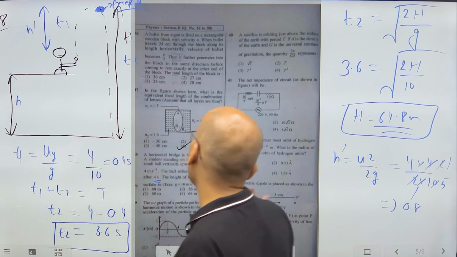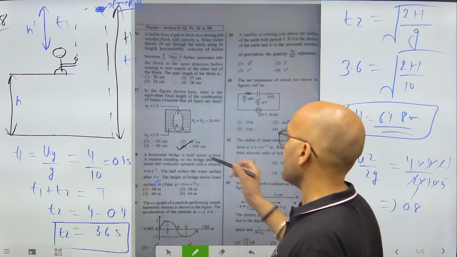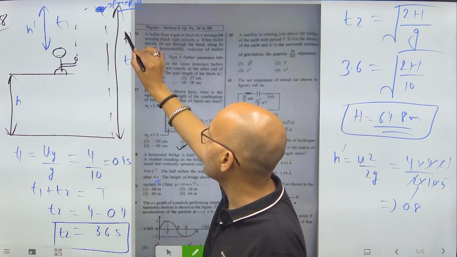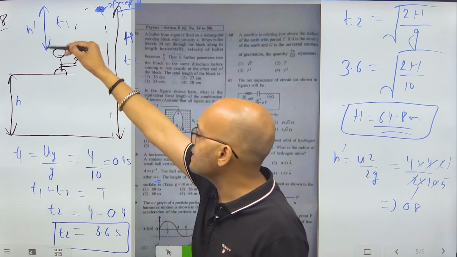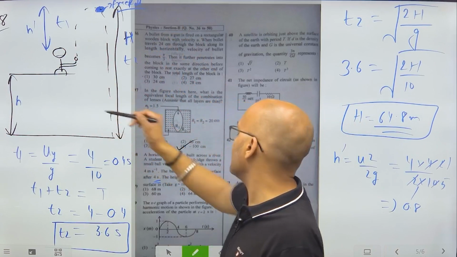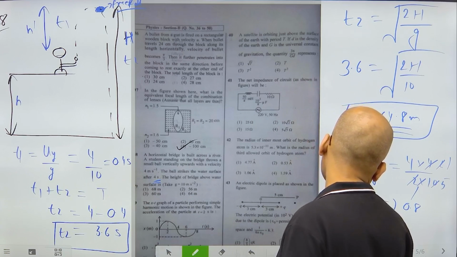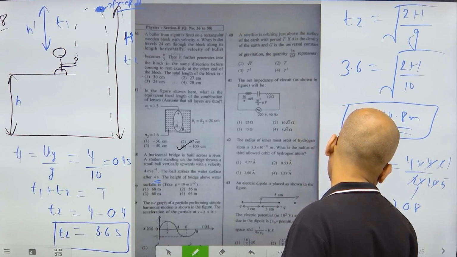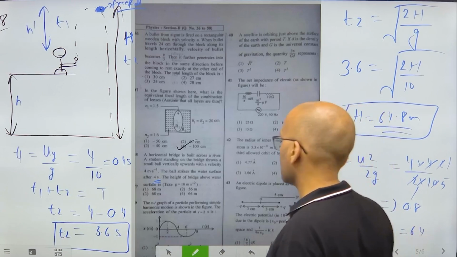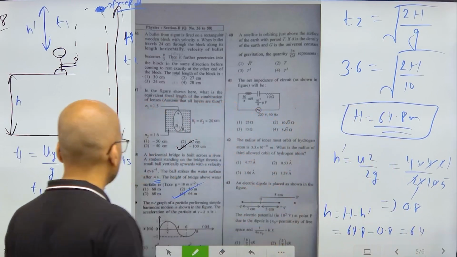So h minus h dash will give you the remaining height. Small h will be capital H minus h dash, 64.8 minus 0.8. Question was lengthy, but it was easy.